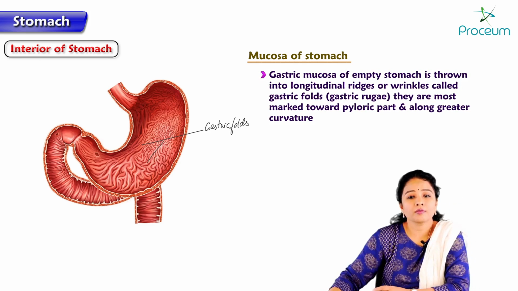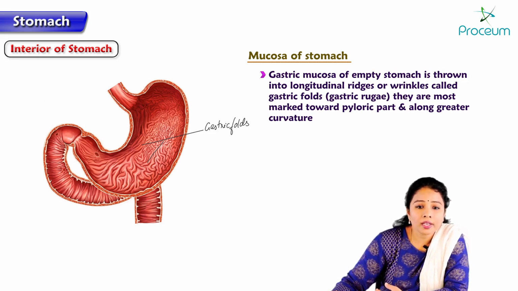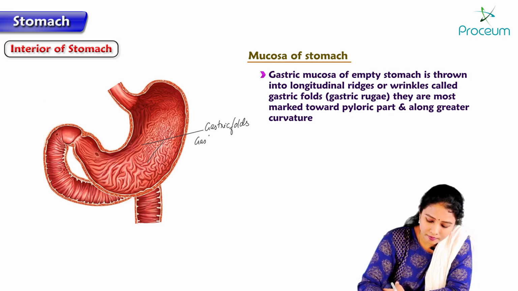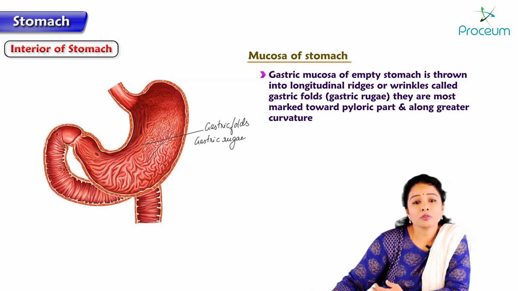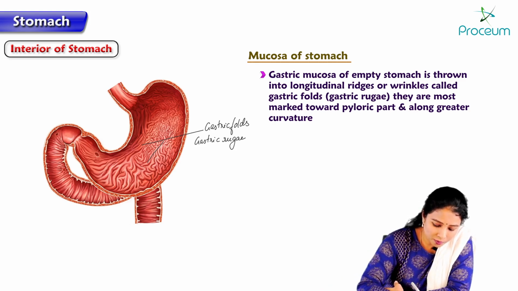These gastric folds are nothing but mucosal folds, and they are called gastric rugae. They are most marked towards the pyloric part along the greater curvature, and we can see they are more prominent near the pyloric part along the greater curvature, here.